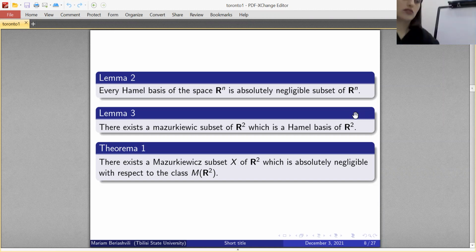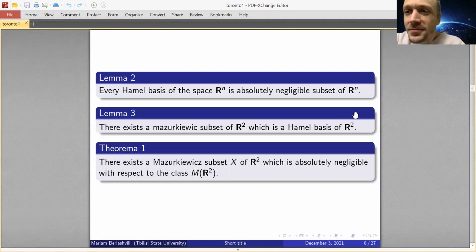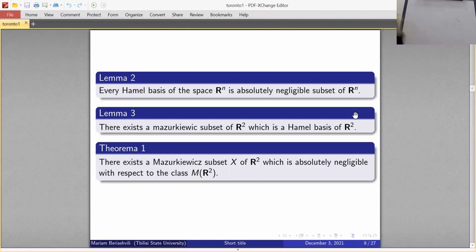I do not have it in my presentation, but I want to prove it. Okay, now I will start. I want to prove that if C is a Mazurkiewicz set, then it will also be a Hamel basis.